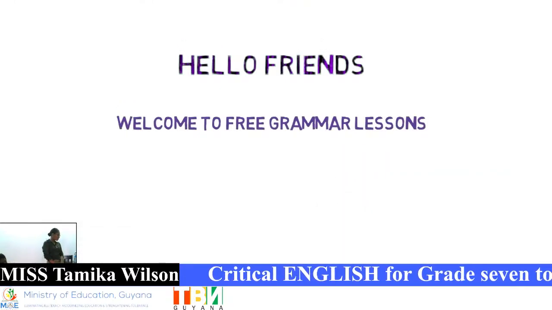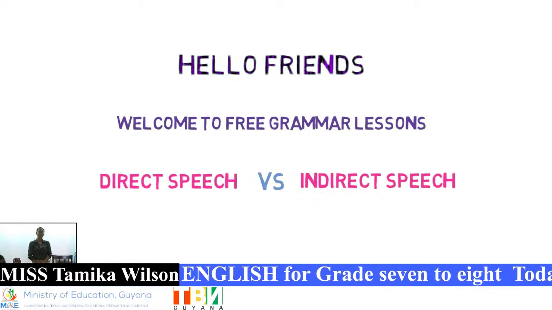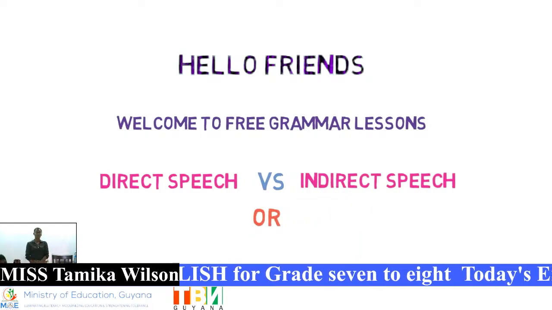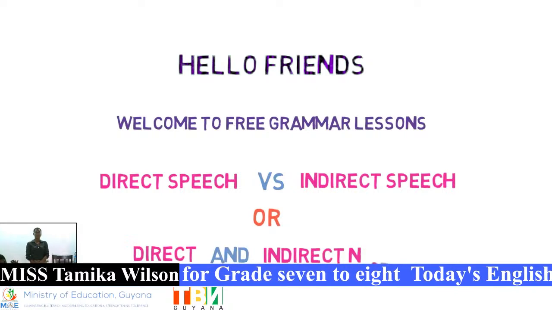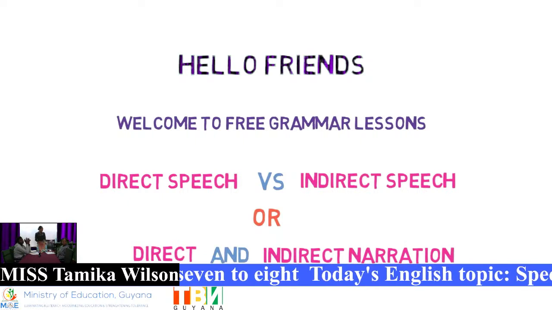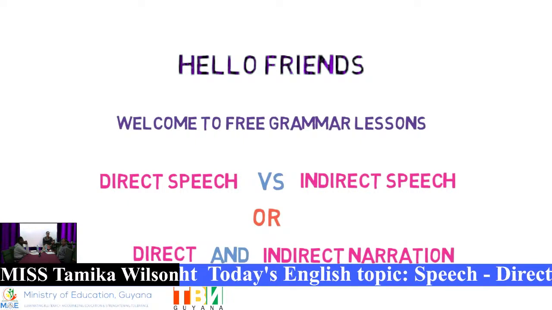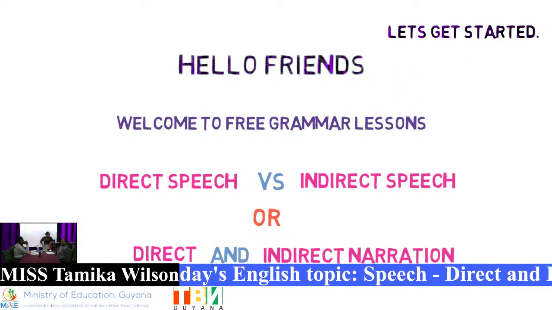Free grammar lessons. Today we are going to learn about direct speech versus indirect speech, or sometimes also referred to as direct and indirect narration. This is the most demanding topic of grammar and you must understand it very carefully. So without further ado, let's get started.